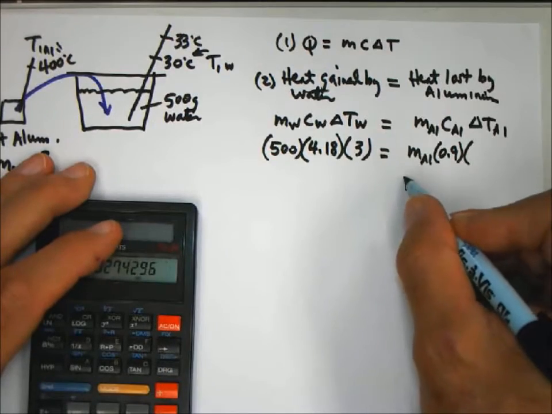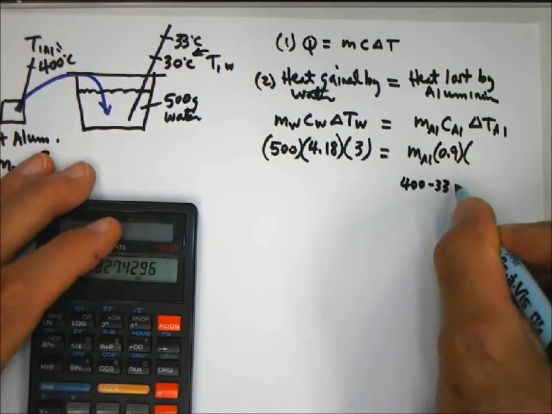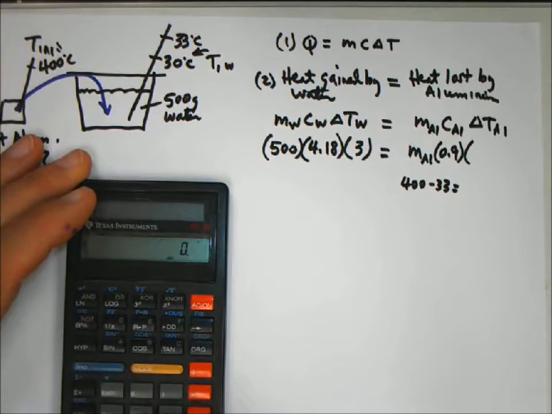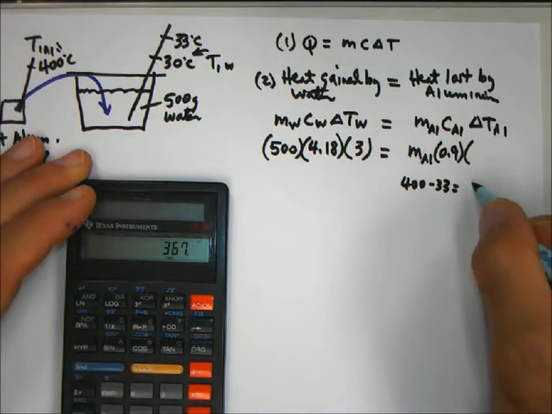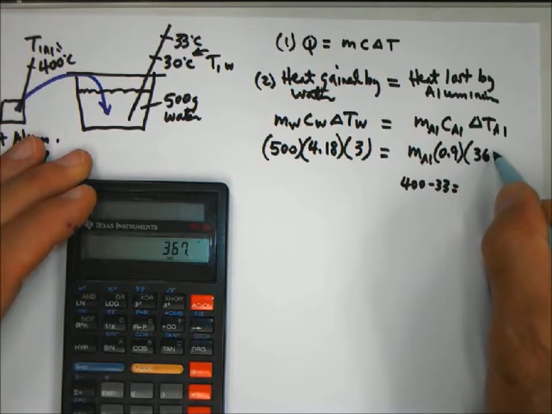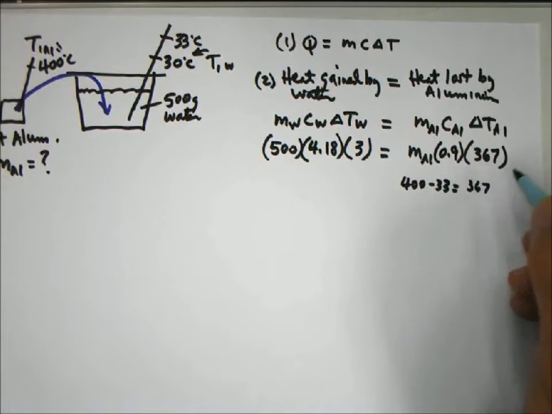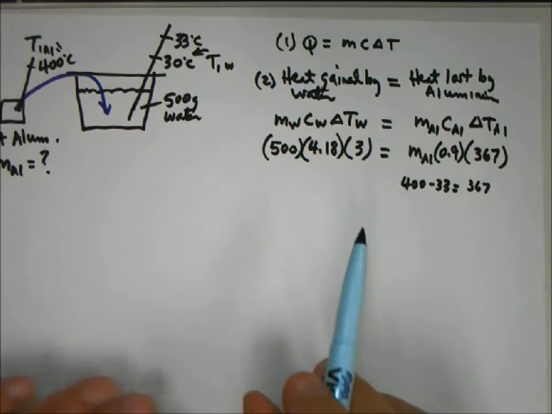So if we take 400 minus 33, that will give us, let's clear this calculator. I'm not so good at math, guys. We get 367. So the change in temperature is 367 degrees Celsius.